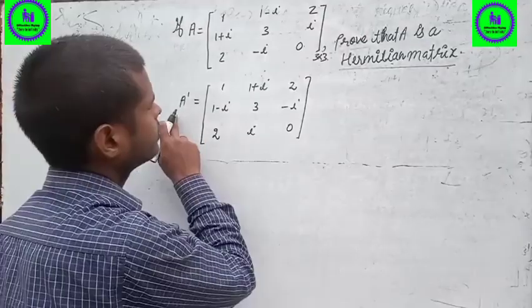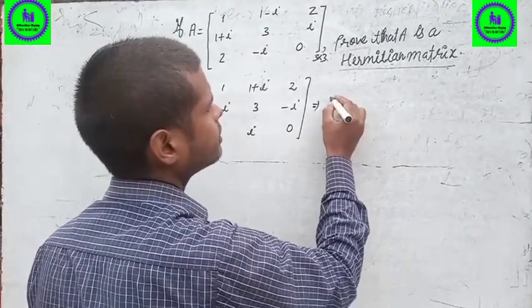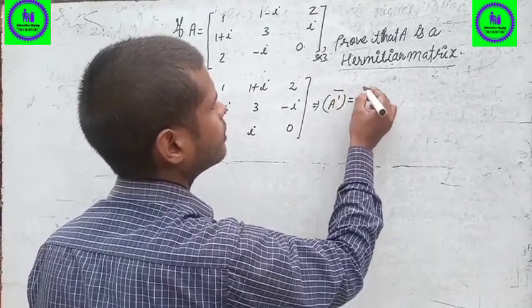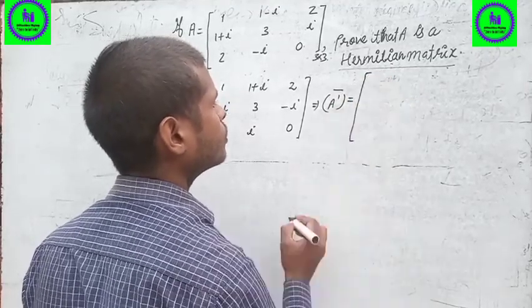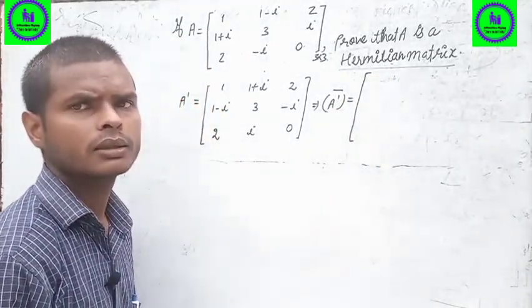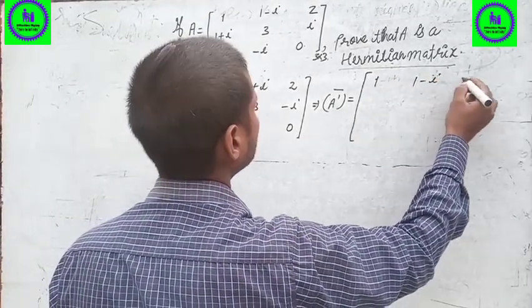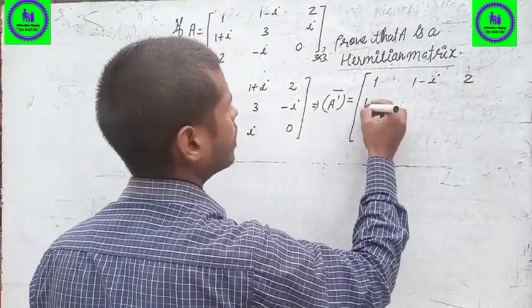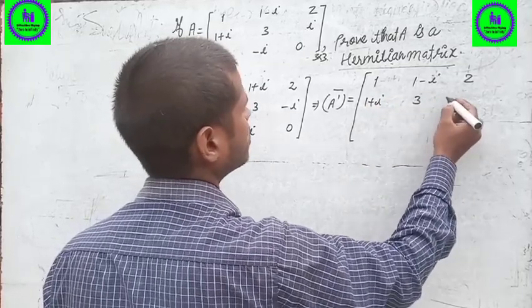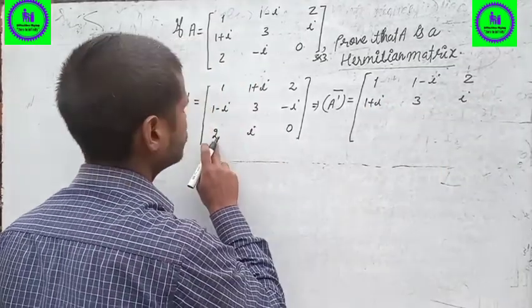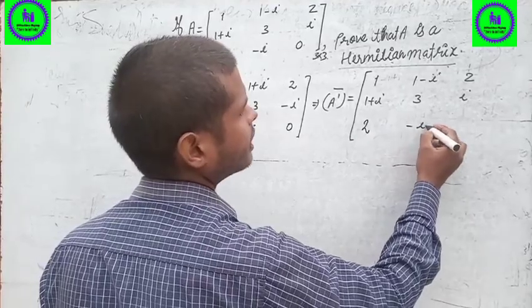Now taking the conjugate of this matrix, you know about the conjugate of a complex number: 1, 1 minus iota, 2, 1 plus iota, 3, plus iota, 2 minus iota, 0.